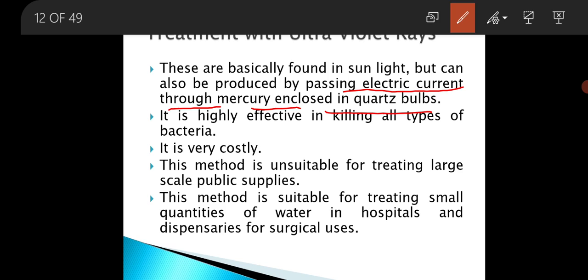Hence, this method is unsuitable for treating large scale public water supplies, but this can be used for treating small quantities of water such as in hospitals and dispensaries for surgical uses, and also for treating swimming pool water in developed countries.